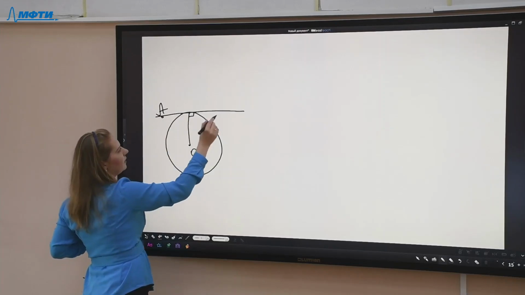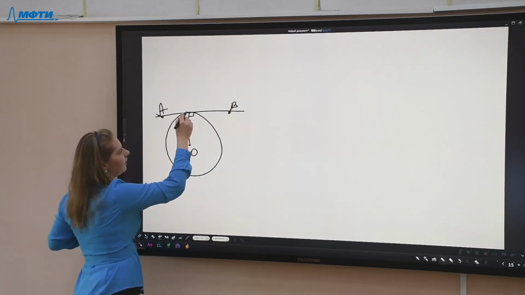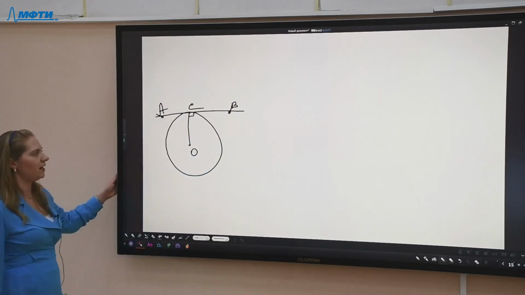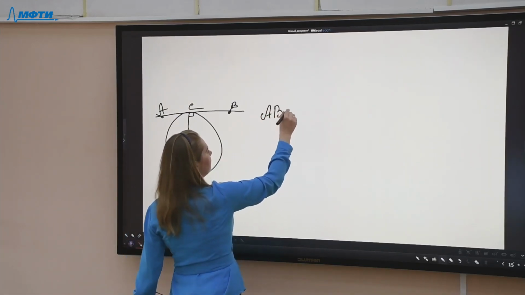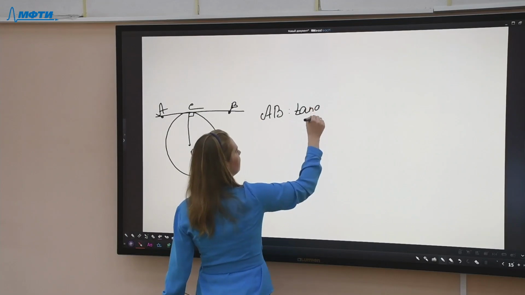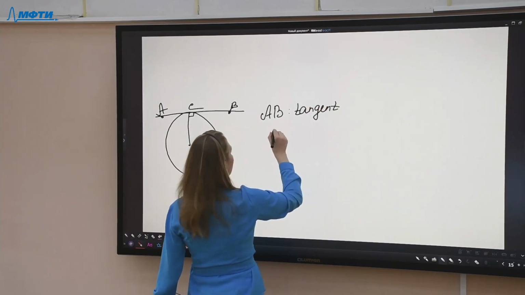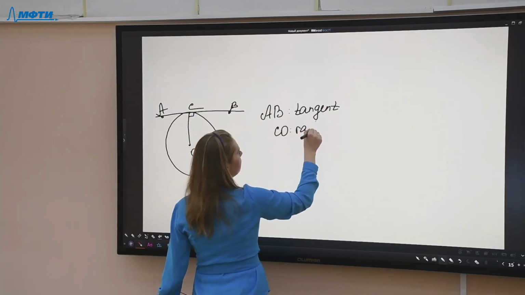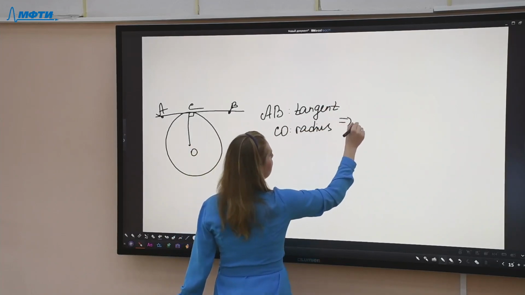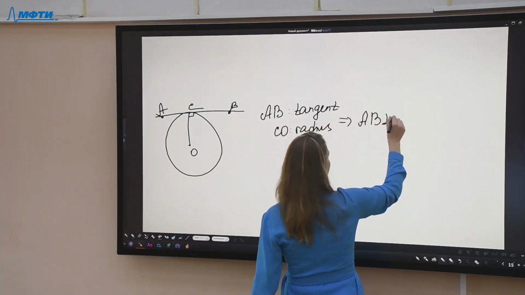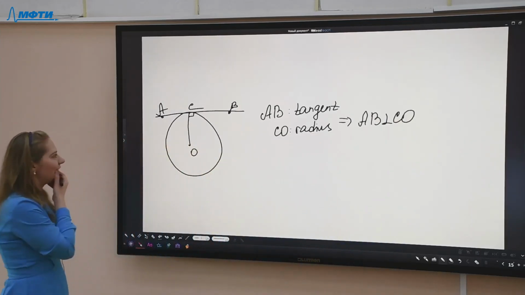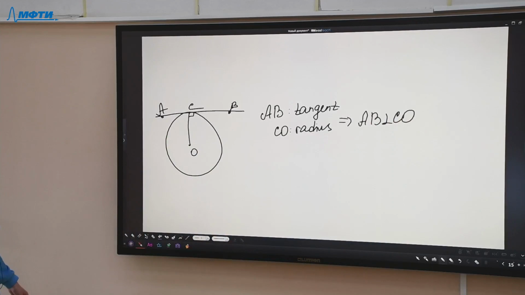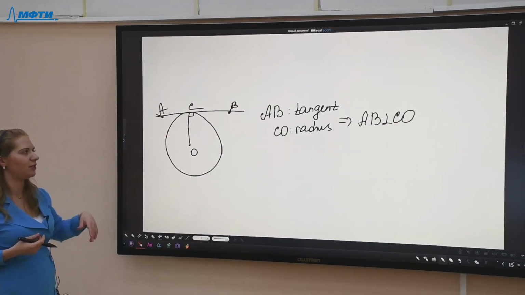Here is A, here is B, this is C. So AB is a tangent line, CO is a radius, so AB is perpendicular to CO. A tangent line is always perpendicular to the radius drawn to the point where they touch.